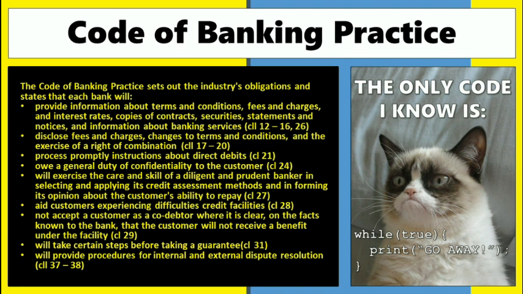They also have things to do with the disclosure of their fees and issues of timing. In the code they have this idea that banks are supposed to process the information, process money, as quickly as they can. It also maps out again the duty of confidentiality, which flows from the common law.